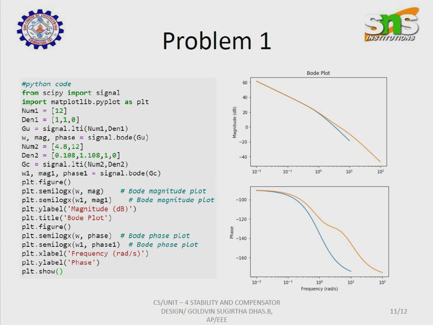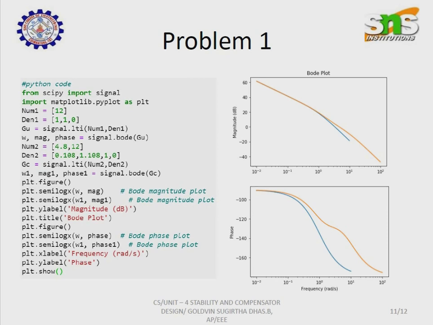Next we are plotting the figure, that is plt dot figure. Then we are plotting the semilog between omega and magnitude, and next we are plotting between omega1 and mag1, that is between the compensated system and the uncompensated system.